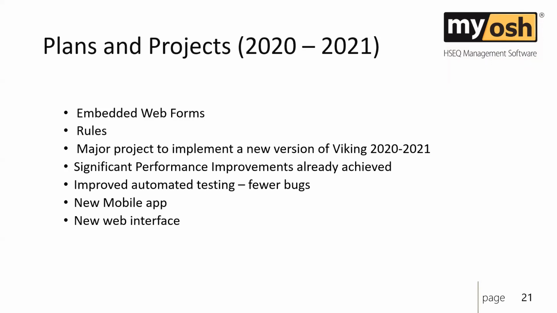What will be the process to upgrade to the new version of Viking, and will the mobile be available under the current Viking platform? The process to upgrade to the next version of Viking, to my knowledge, it will be seamless. It may just have a different web address that you access. And in fact, to my knowledge, both versions of Viking will still be available simultaneously when the new version becomes available.